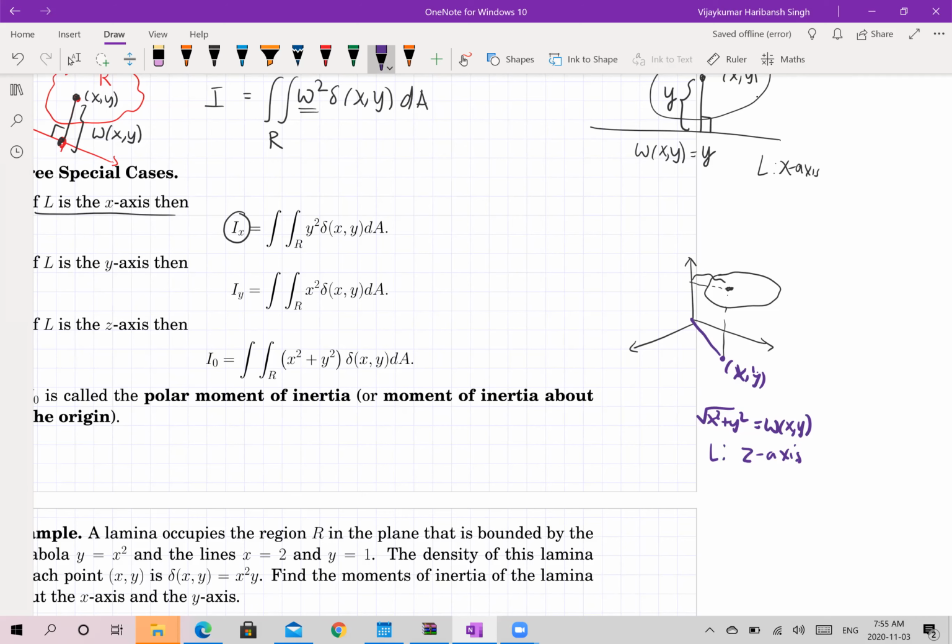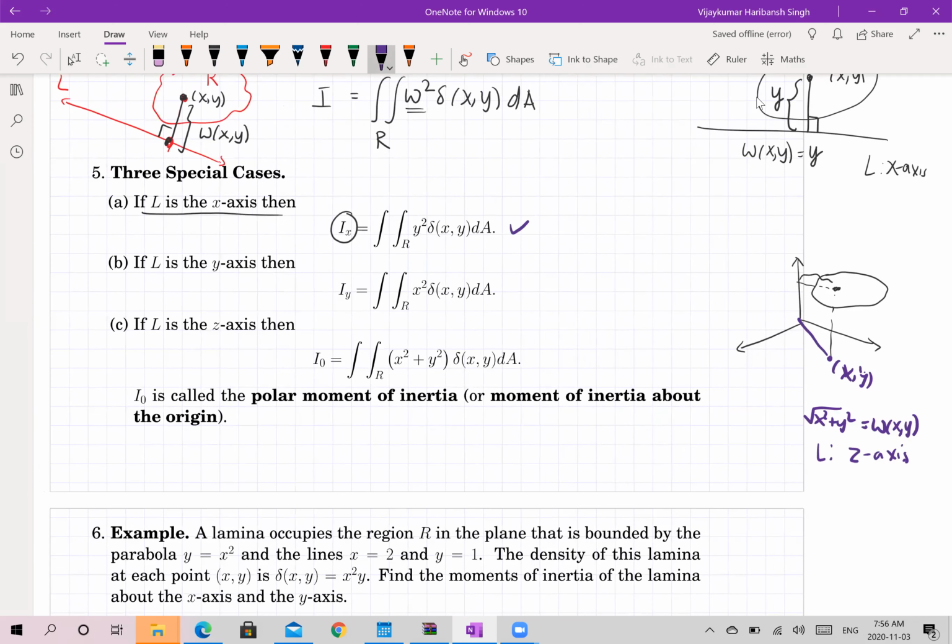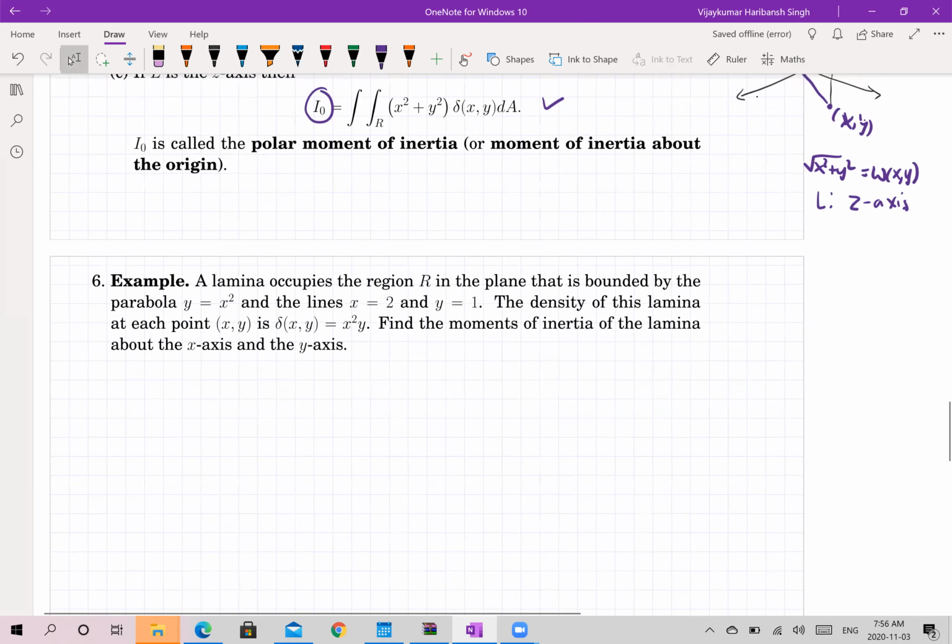So you see all these results are justified. The one around the z-axis is called I0, along the y-axis is called Iy, along the x-axis is called Ix. Now I0 is called the polar moment of inertia because it's around the origin.